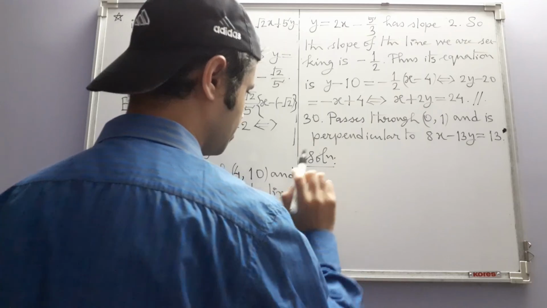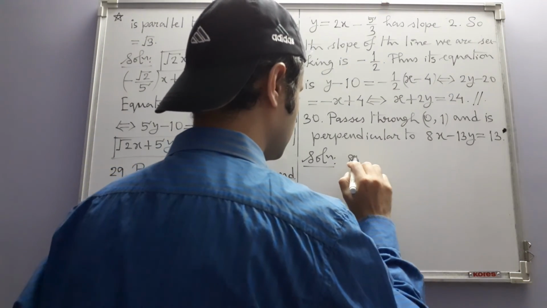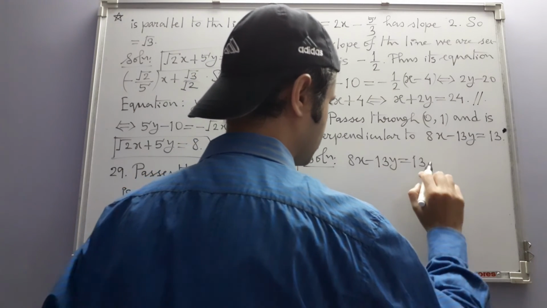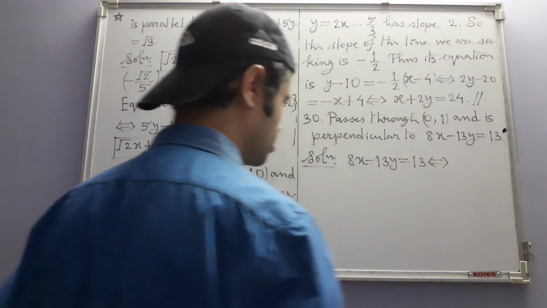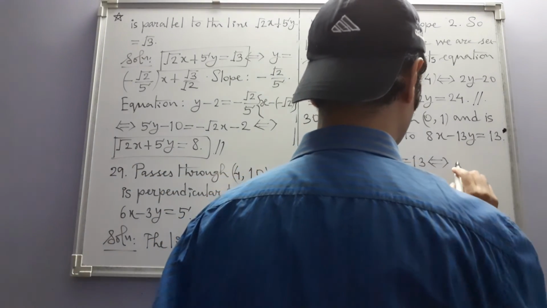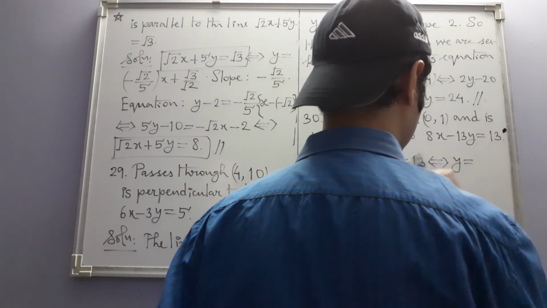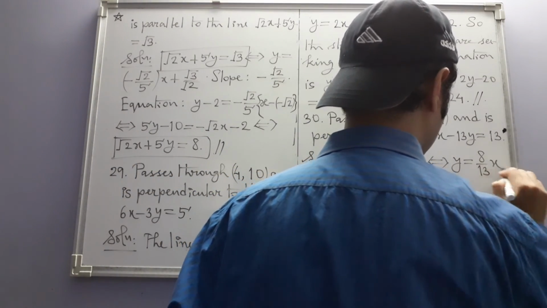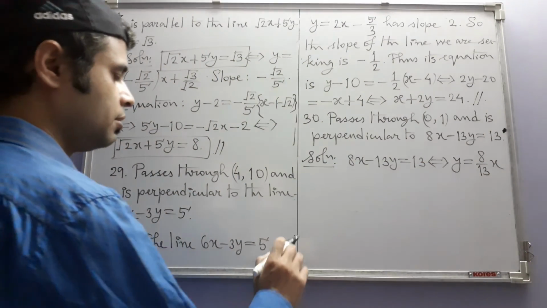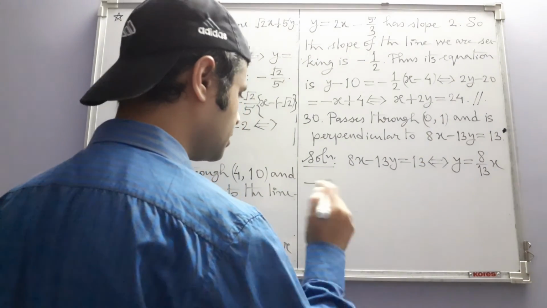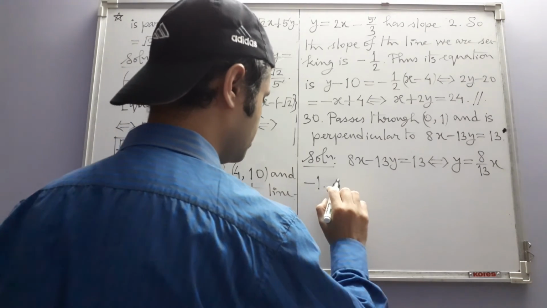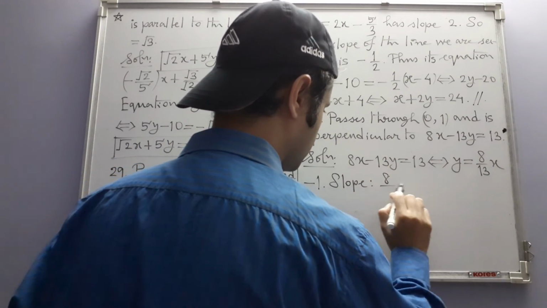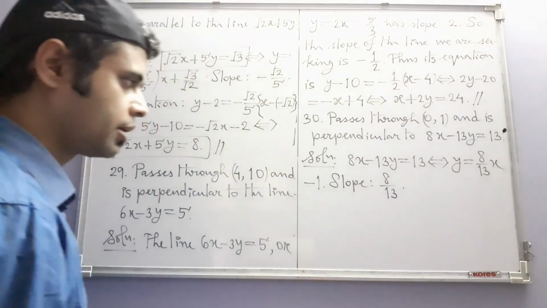So here we will simply write the things. The given line is this, whose equation can also be written equivalently in this form: y equal to 8 divided by 13 times x minus 13 divided by 13 is 1. So its slope is 8 by 13.